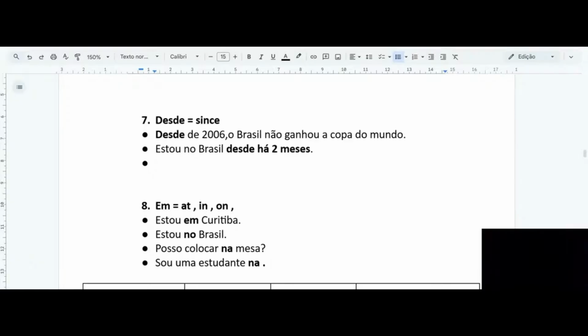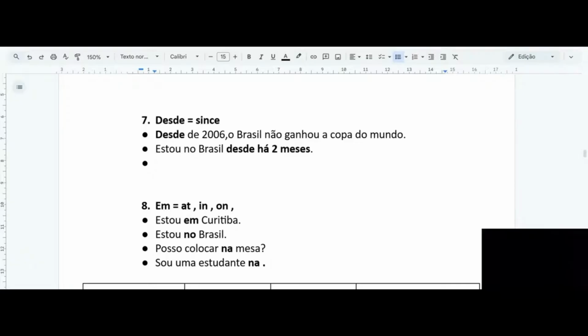If you're using cities here in Brazil, mostly they don't say no or na. They use em, which means: estou em Curitiba, estou em Chapecó, estou em Salvador, estou em wherever you are.